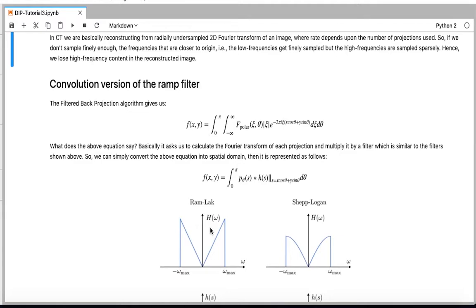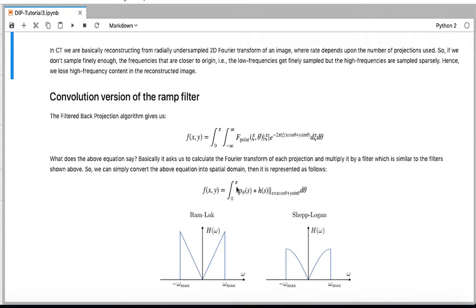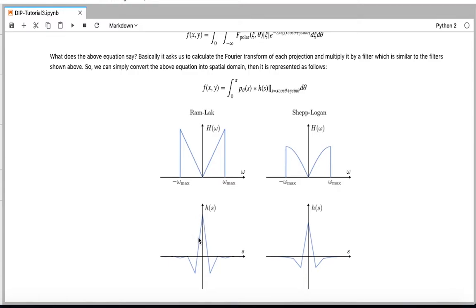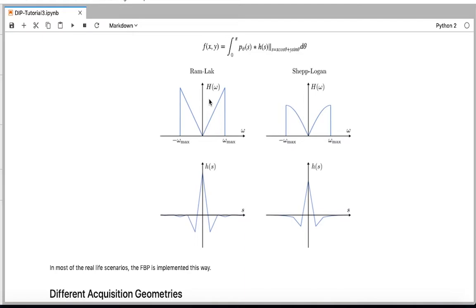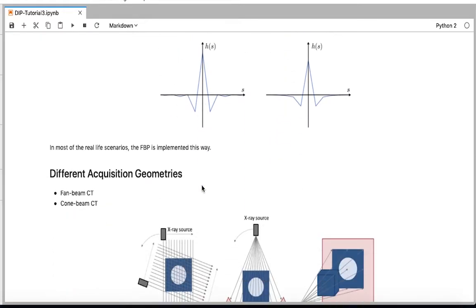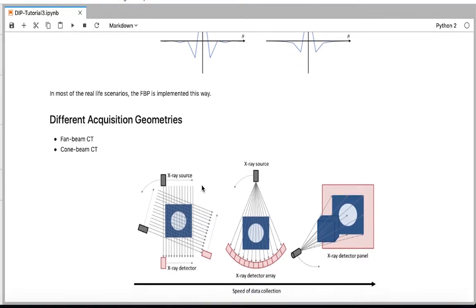You don't try to save them, and it takes a lot of memory. So basically, you just convolve with these filters instead of multiplying them in the Fourier domain. You can just convolve with them and get the final image f(x,y), right? So in real life, it's implemented like this.